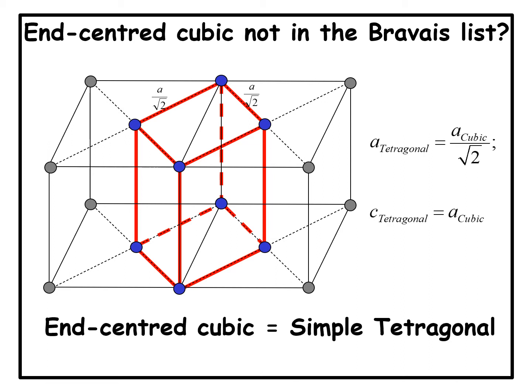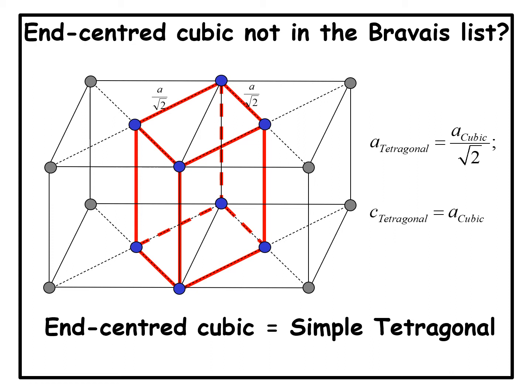So we now have a tetragonal lattice which has the side length a, which is the original cubic a divided by root 2, and the c parameter of the tetragonal is equal to a cubic. So we see that end-centered cubic can well be described as simple tetragonal.